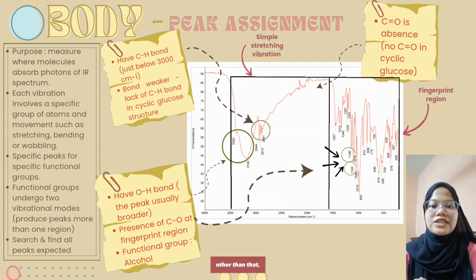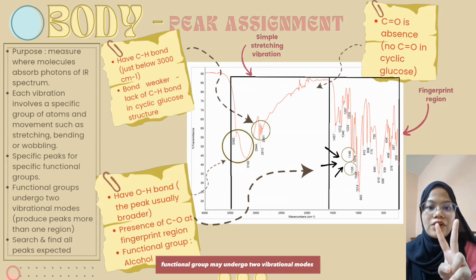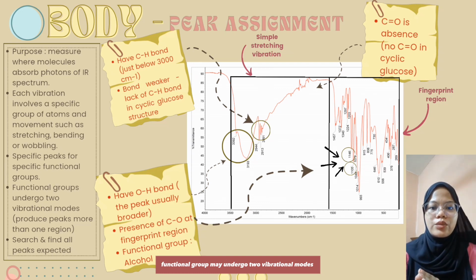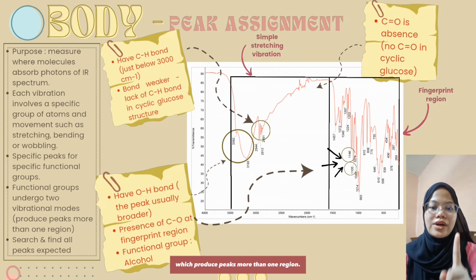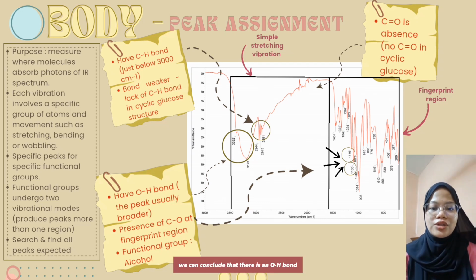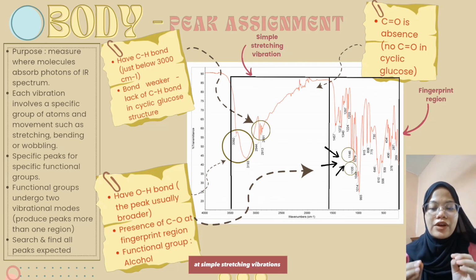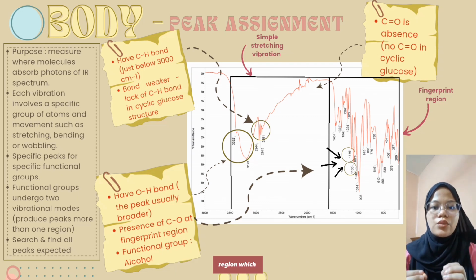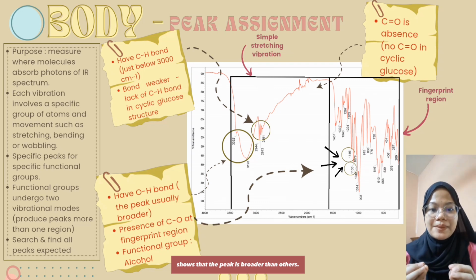Other than that, a functional group may undergo two vibrational modes which produce peaks in more than one region. From the figure, we can conclude that there is an OH bond at the simple stretching vibrations region, where the peak is broader than others.